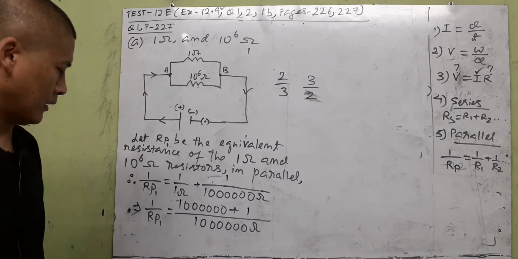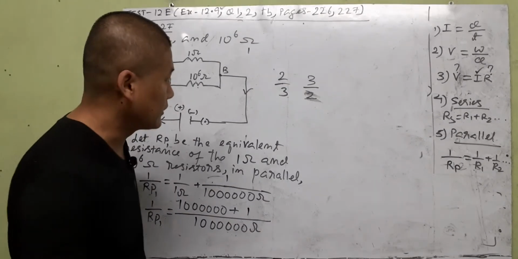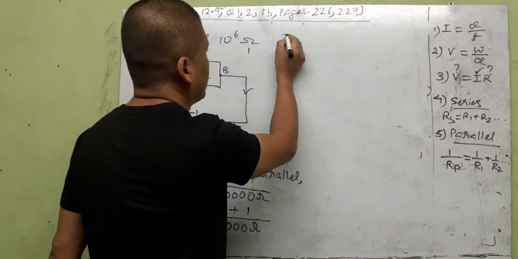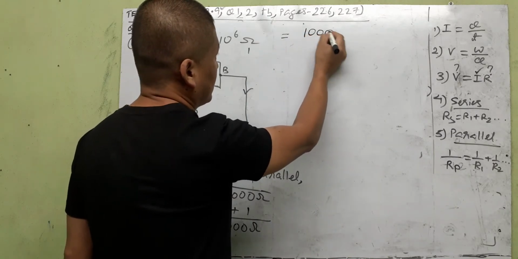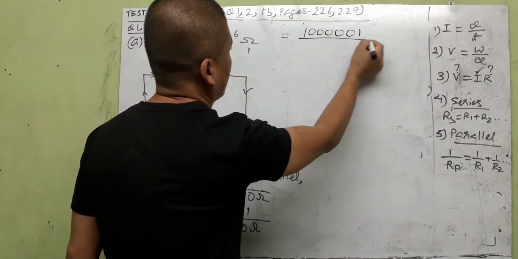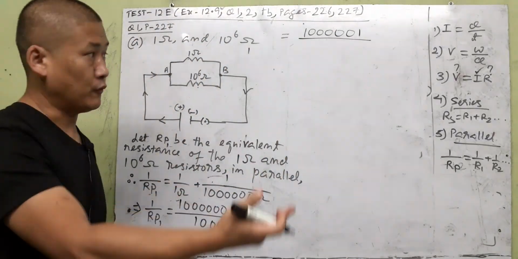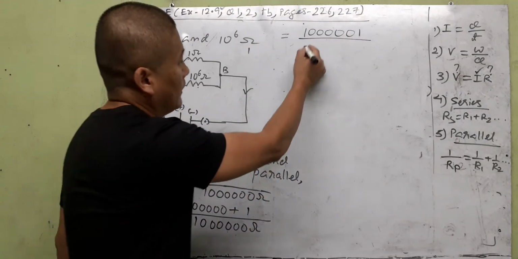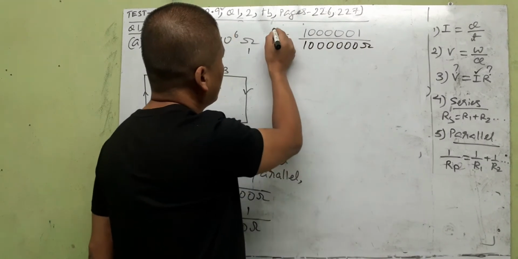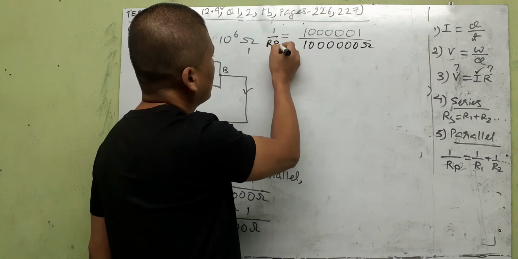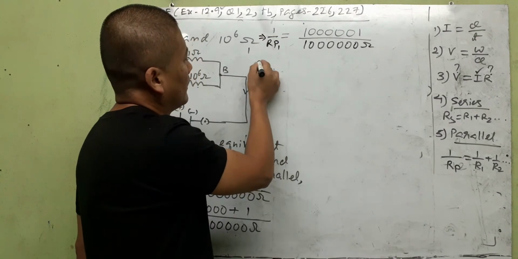That will be equal to 10 to the power 6 plus 1, that is 1000001, by 10 to the power 6 ohms. Here is 1 by RP1. Let us be mindful of that.